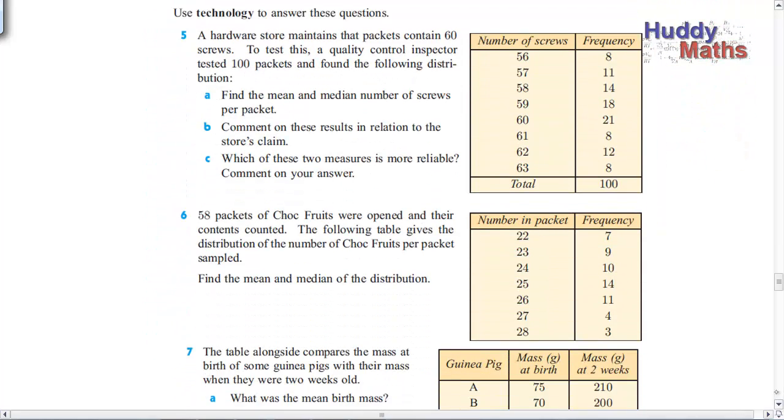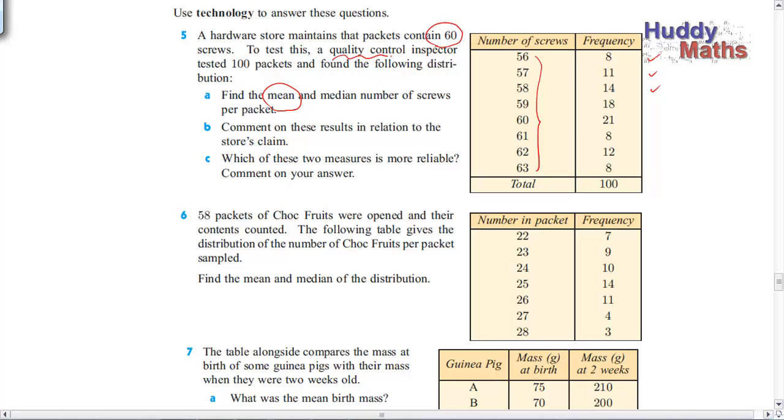Here's some problems. 5, 6 and 7, I'll scroll down to get 7 in a minute. Number of screws in a packet, and it's supposed to contain 60. How correct are they? So they measure the number in each packet and how many times each one occurs. On the average, is the mean of all those packets 60, like it's supposed to be?